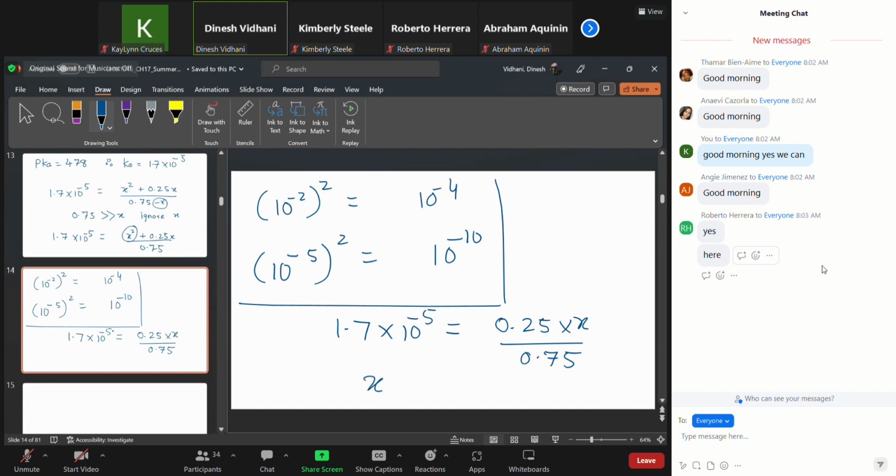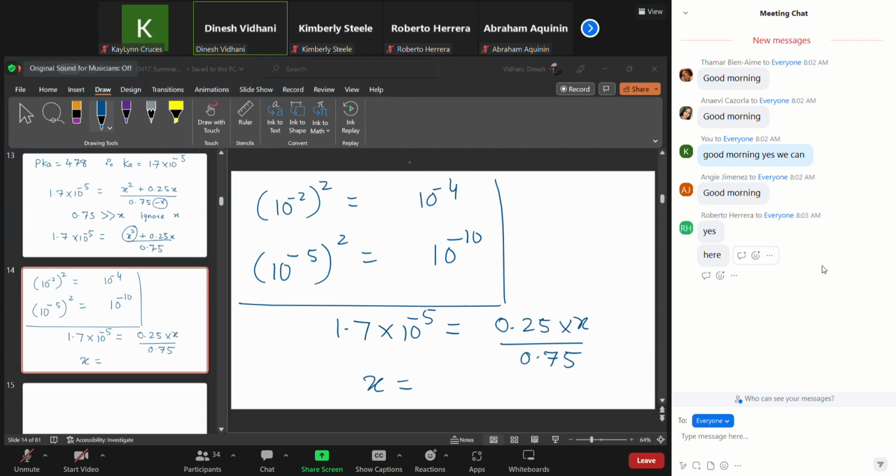Can you give me the value? 5.1 10 to the power -5.